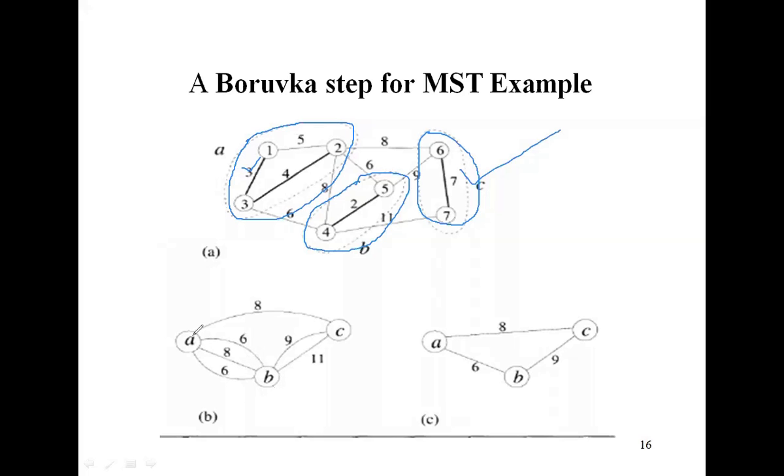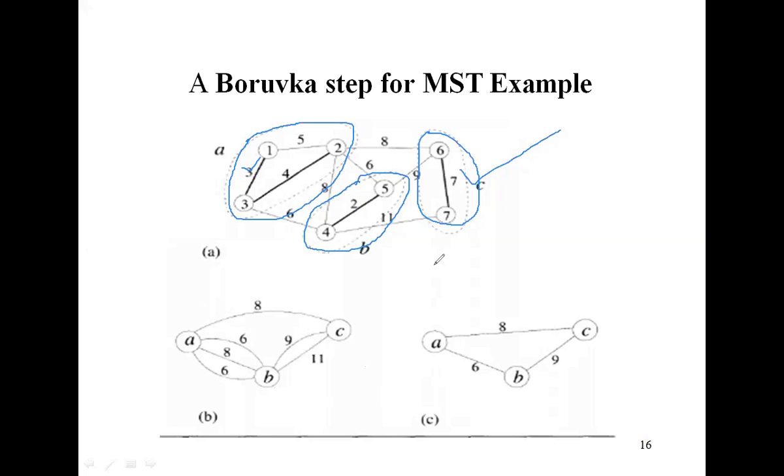So from A to B, it is 6. So we are representing A to B, cost 6. In the same way, from A to C, the cost is 8. From C to B, the cost is 9. Since out of 9 and 11, 9 is the smaller value, you can place 9 here.